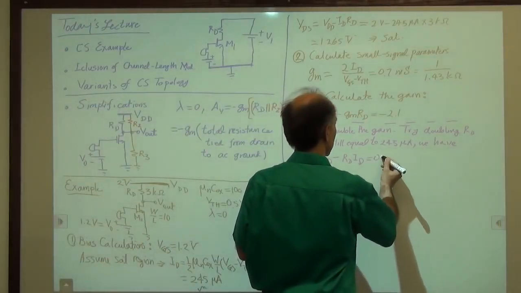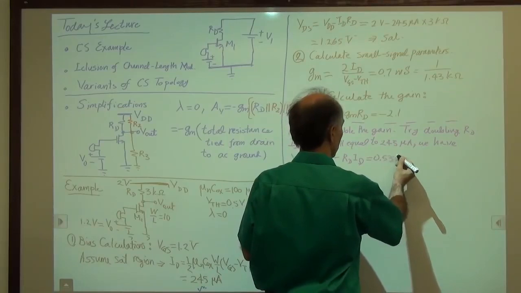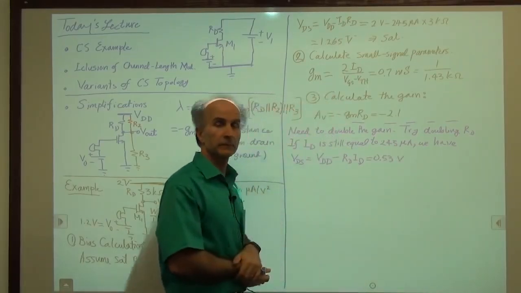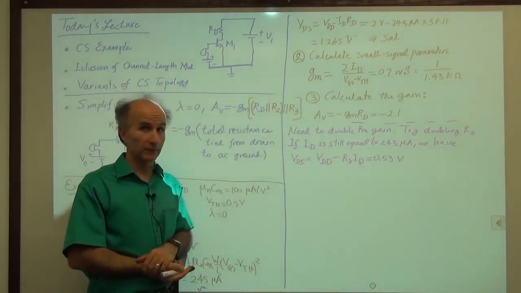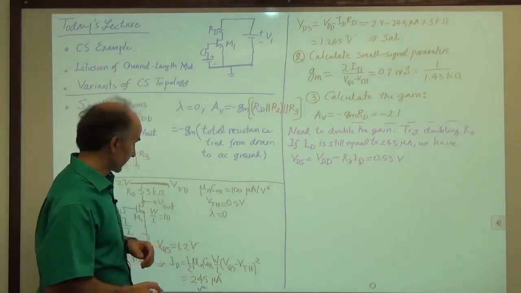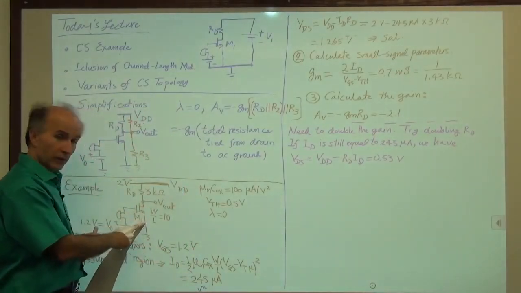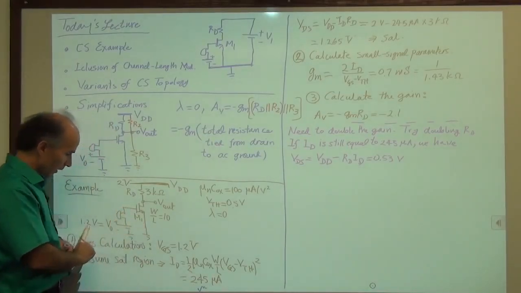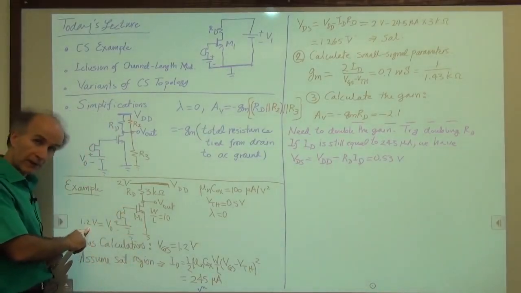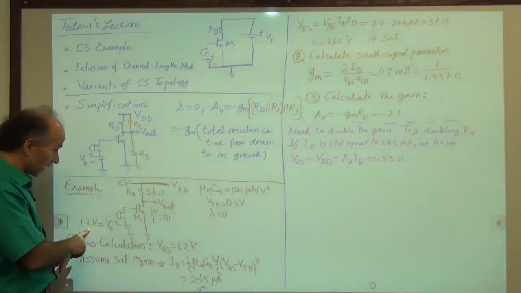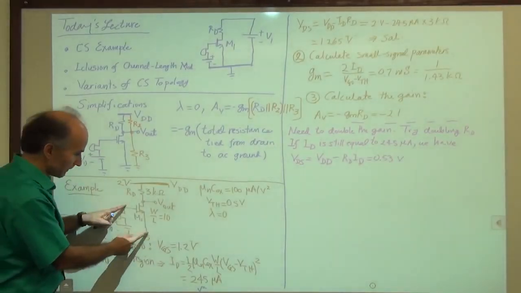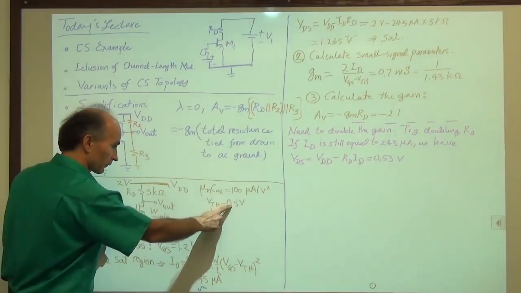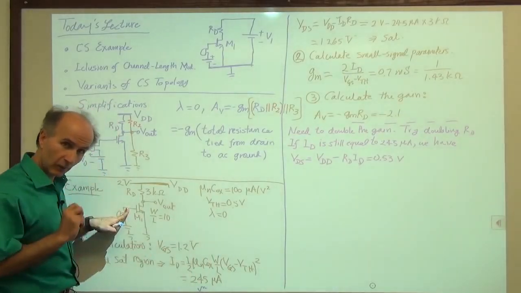So 0.53 volts. Now we have a problem. The drain source voltage is 0.53 volts. The gate source voltage is 1.2 volts. The device is not in saturation, because if I take 1.2 volts and subtract one threshold from it, I get 0.7 volts.